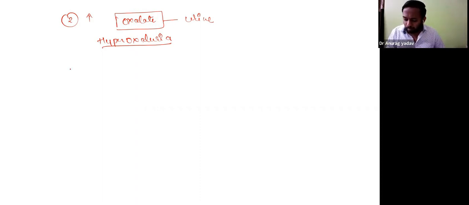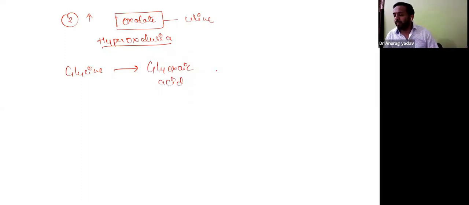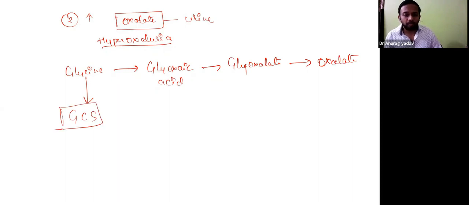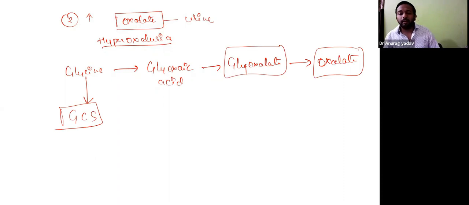Normally, glycine is converted into glyoxylic acid, which is converted into glyoxylates, which are converted into oxalates. Now, because glycine is not undergoing the glycine cleavage system because of some disorder, the body starts synthesizing a high concentration of oxalates and glyoxylates, which are water soluble.